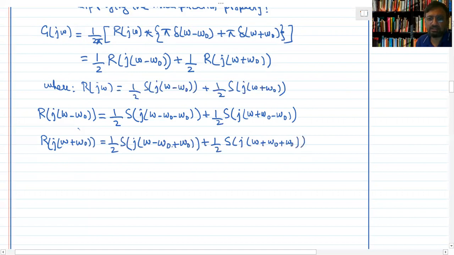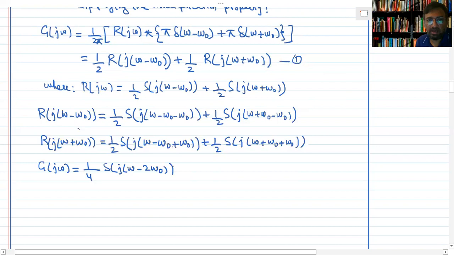Now we can see that in this term, Sj omega plus omega naught and minus omega naught, it will give us half Sj omega. And we put both these values in equation 1. So Gj omega is 1 by 4 Sj omega minus 2 omega naught.